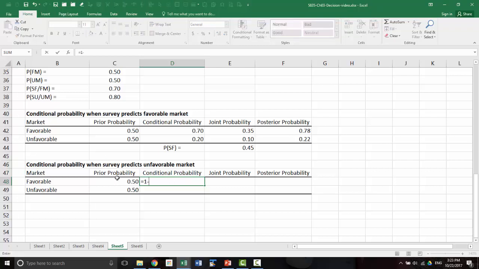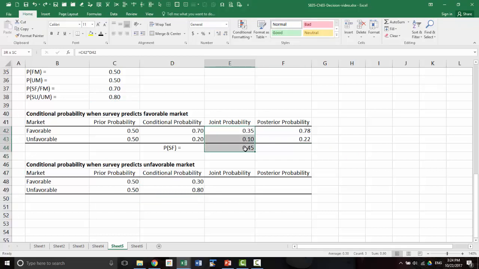So that would be 1 minus that. And survey unfavorable given unfavorable market is that. So this computation is the same here, so I'll just copy paste it here.